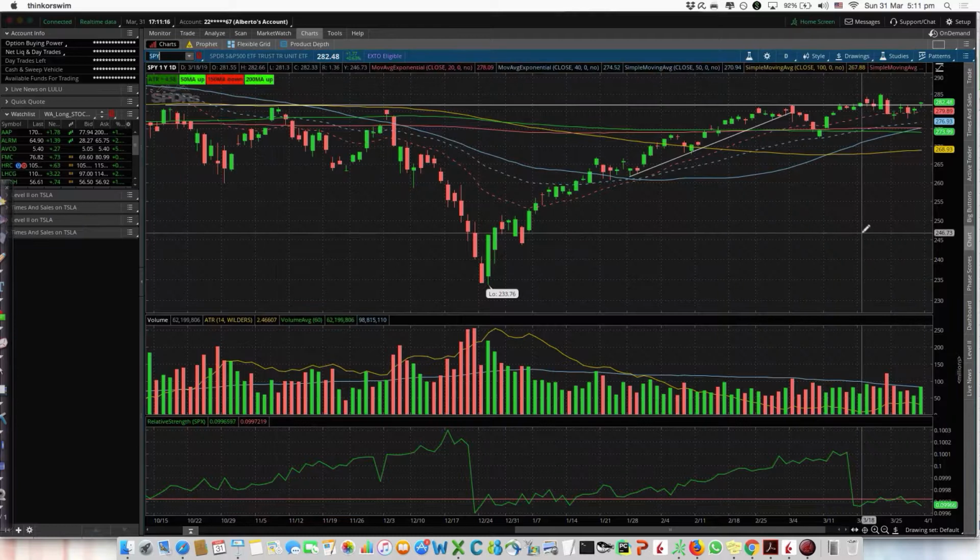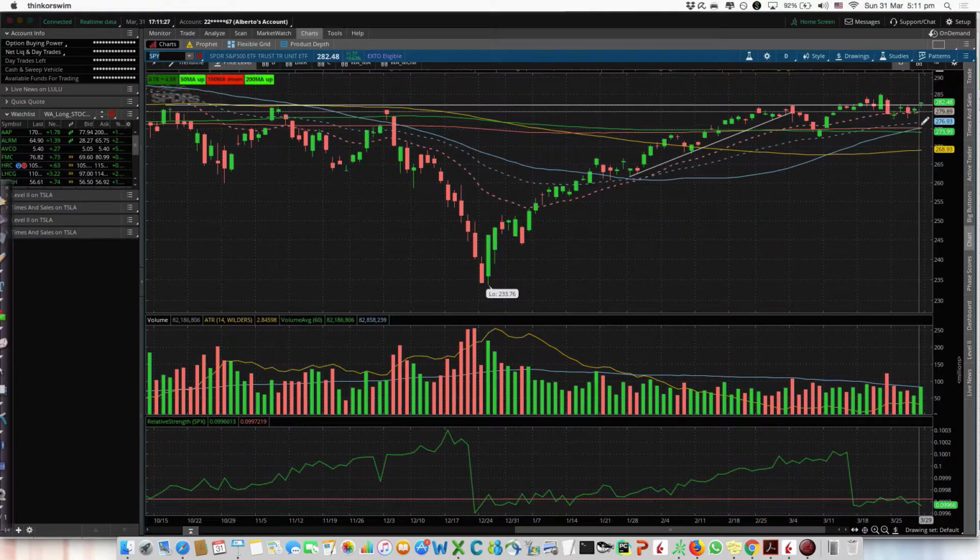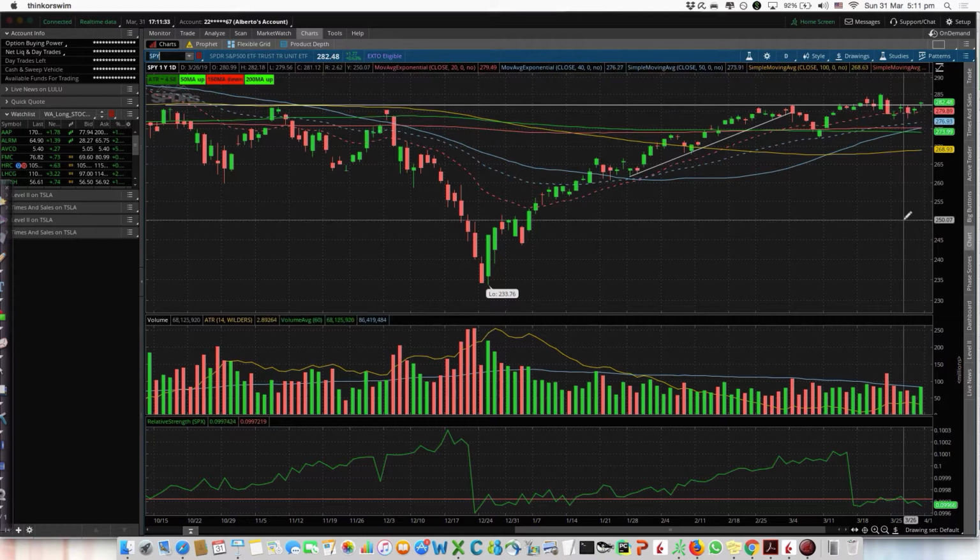And this is another indication of a bullish situation. We also have the 50 above the 150, but the 150 is still sloping down. But overall, I think we already have the price above the 200, so the situation is quite bullish.